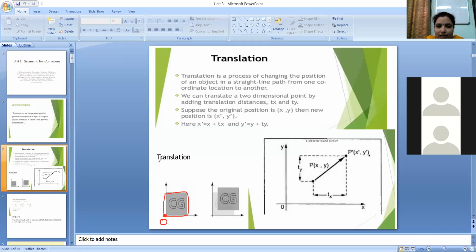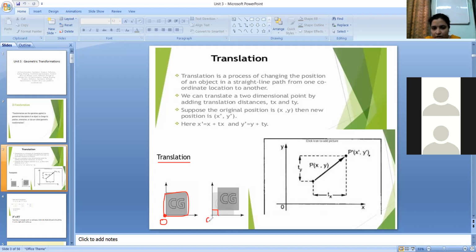Now what translation does is change its position from the original position to a new one. Here we can change the location. You can observe this original object is simply shifted upwards and towards the right, to a new location. This is nothing but the displacement.